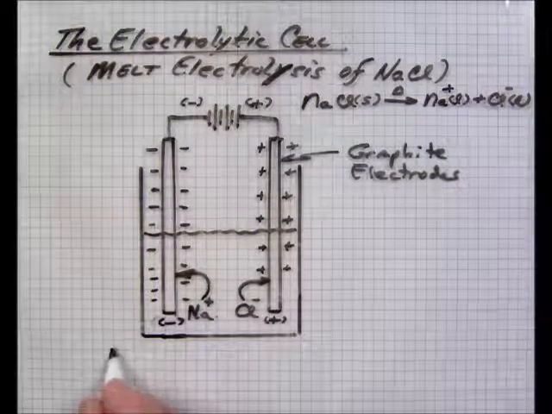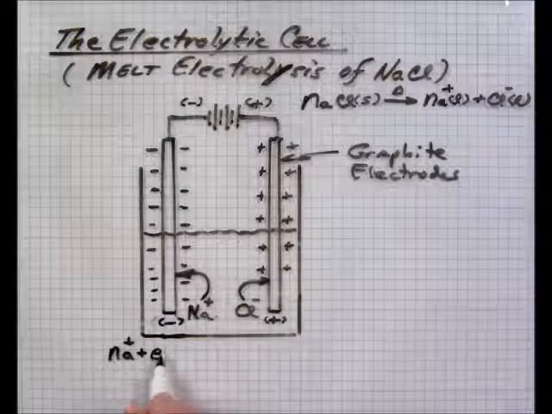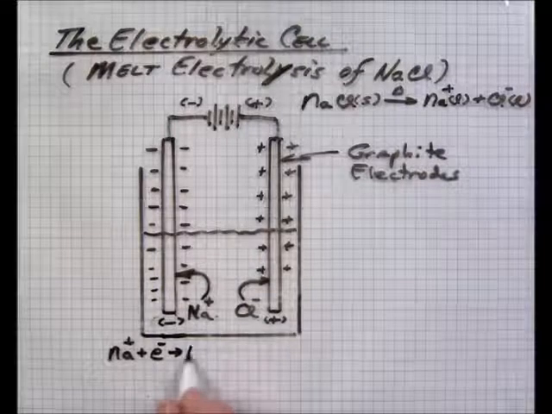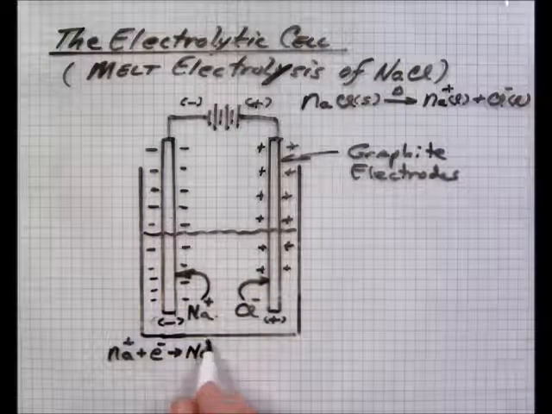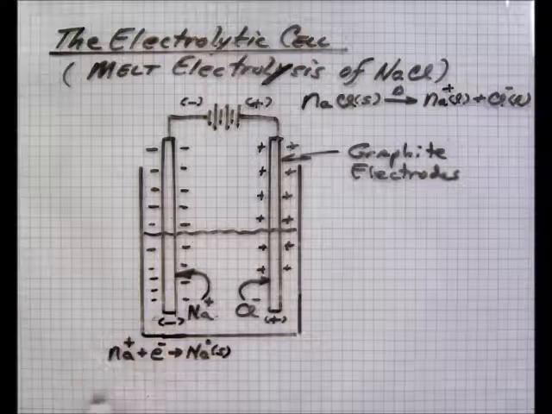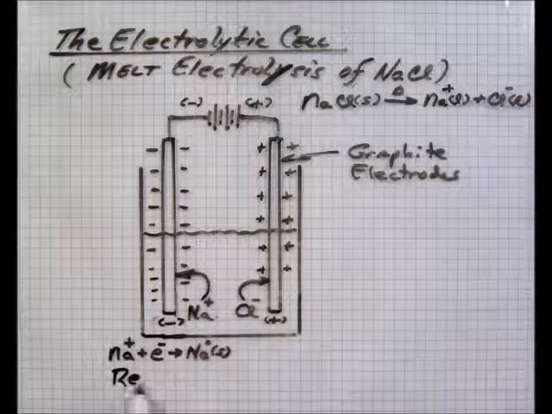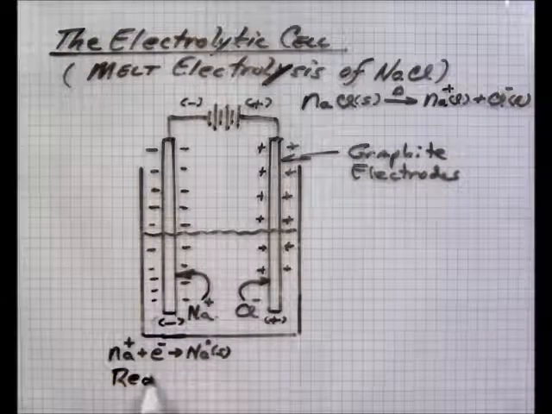So here we have sodium gaining an electron, going to sodium in its standard state, the metal. And so this electrode is the reduction side of the electrolytic process.